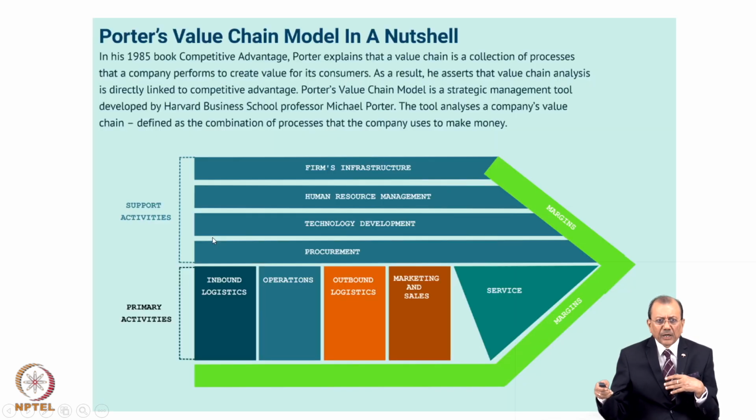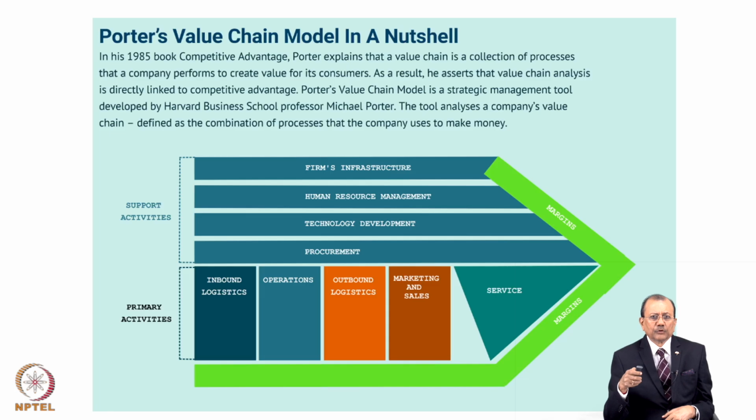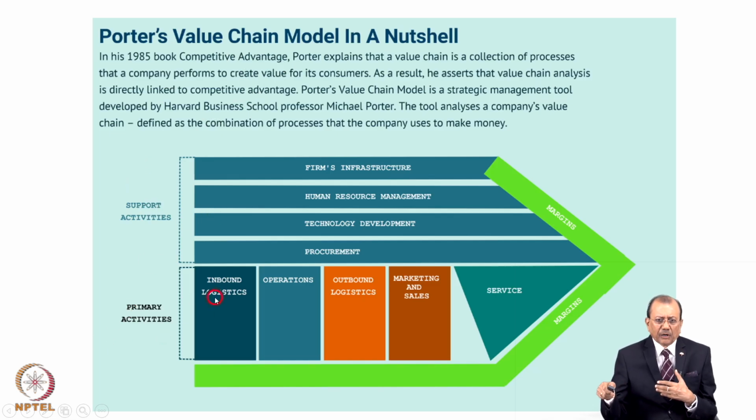But if we go deeper into this picture, this value chain model was developed by a global consultant, Michael Porter, in 1985. It was released in the form of a book, Competitive Advantage, by him. And this gave a little better picture about the value chain, what kind of value chain companies are looking for. So you can see through this picture all these primary activities which we have discussed.